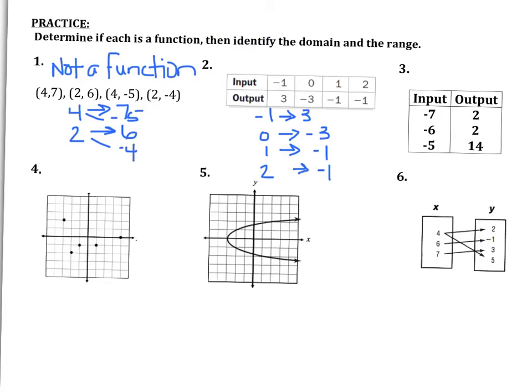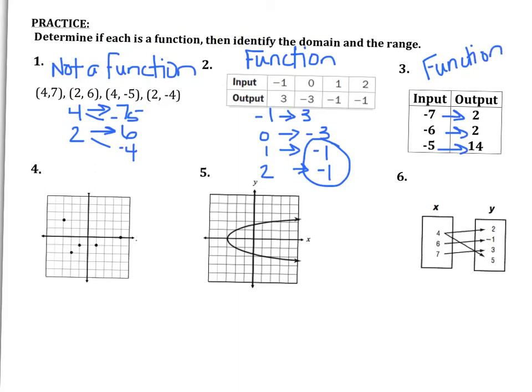One of the common mistakes people make is thinking that two of the same output values is a problem, but that's okay because each input has exactly one output. Next, the input 7 has output 2, -6 has output 2, and -5 has output 14. Every input has exactly one output, so it is a function.